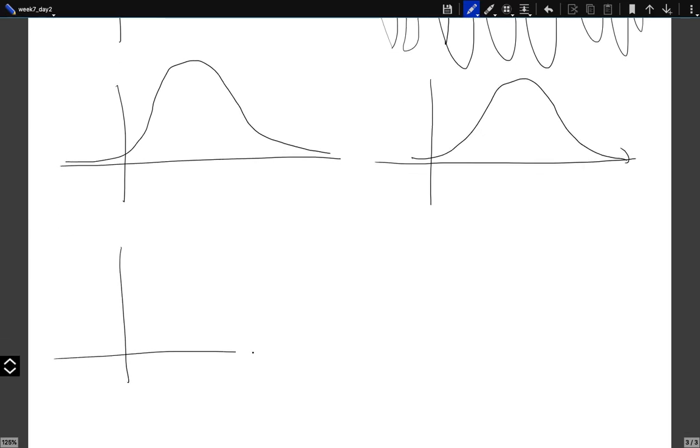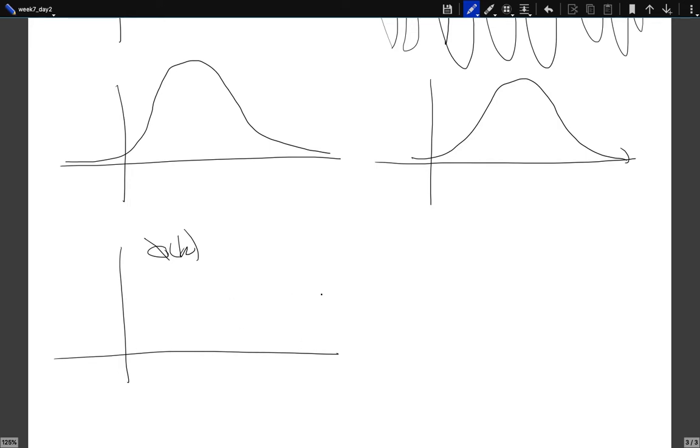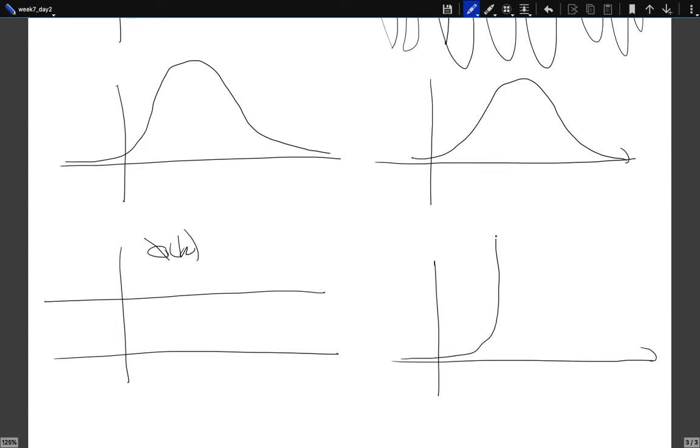I can choose psi of k or phi of k to have such a shape, or if you like, constant. That was the example that we had looked at. If phi of k is constant, then psi of x just became this one.